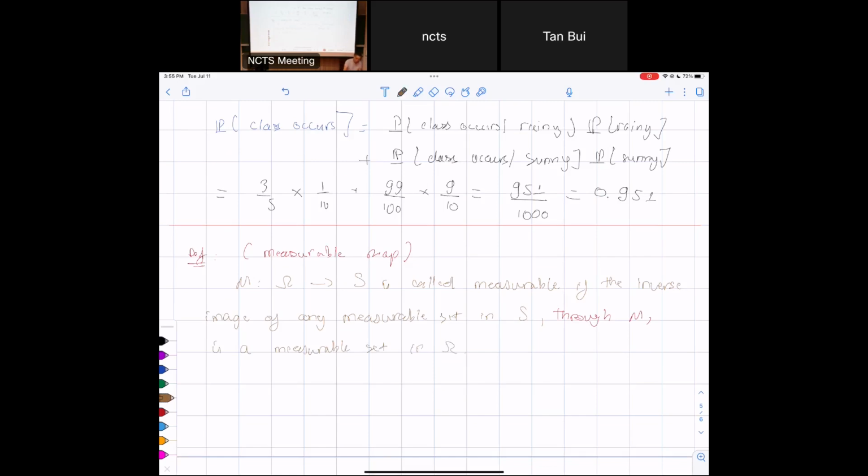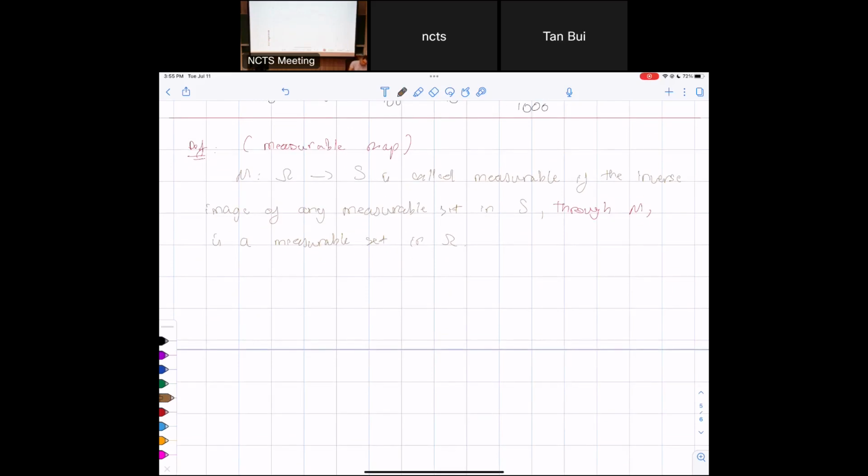Okay. Let's plot it. So we have two spaces now, right? We have omega and we have S here. Okay, so I'm looking at a set on which I can assign a probability in here. Let me call that set A. And of course, we assume that our map, our function, is M from omega into S, right?